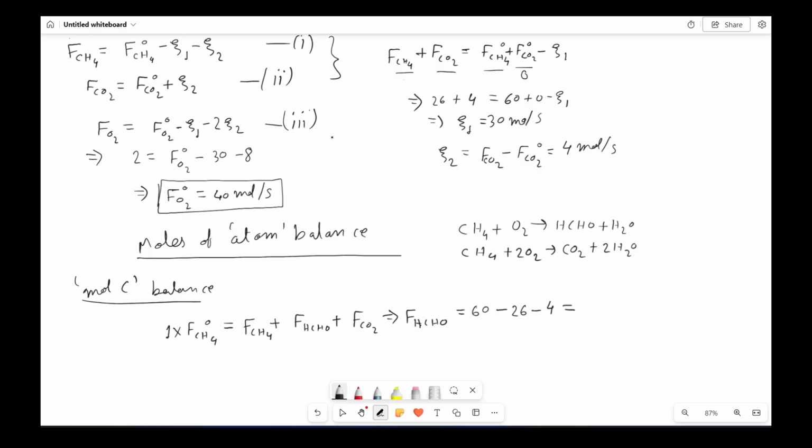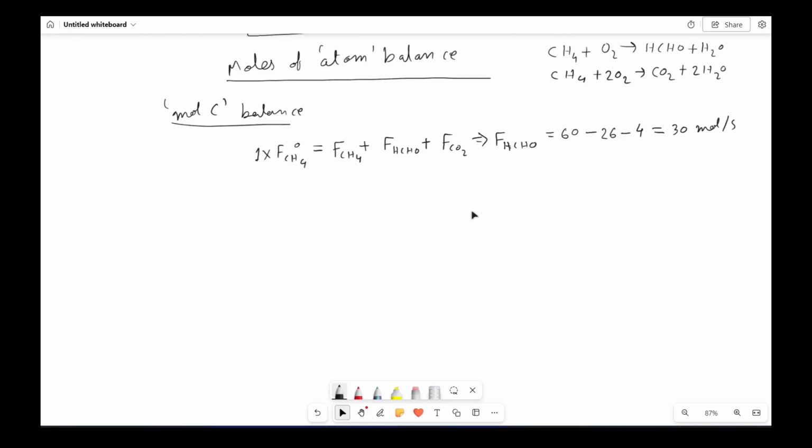So HCHO is 30 mole per second. So HCHO coming out of the system after reaction is 30 moles per second. But our main aim is to find FO2 naught.